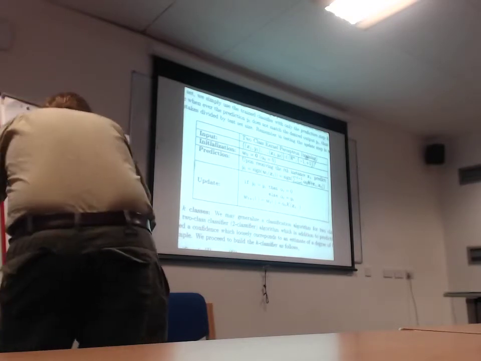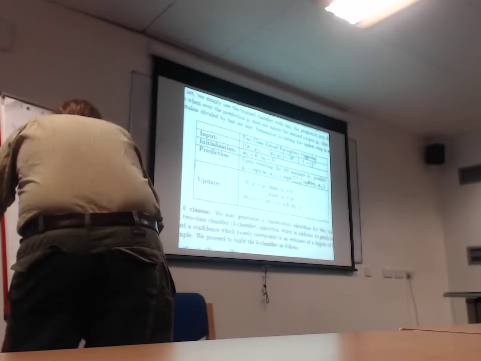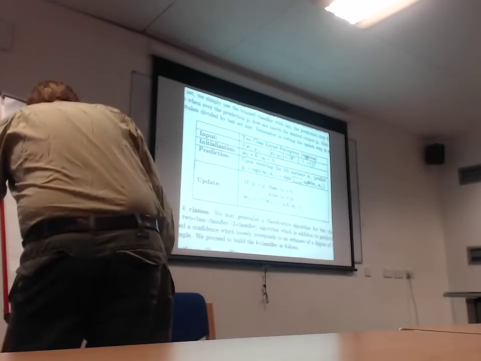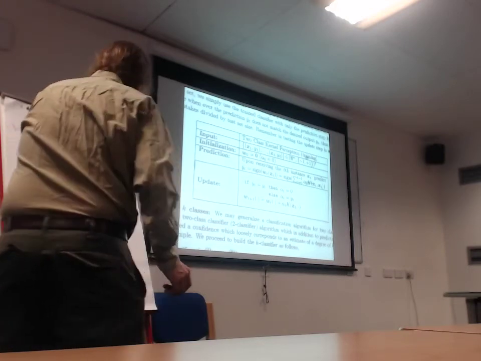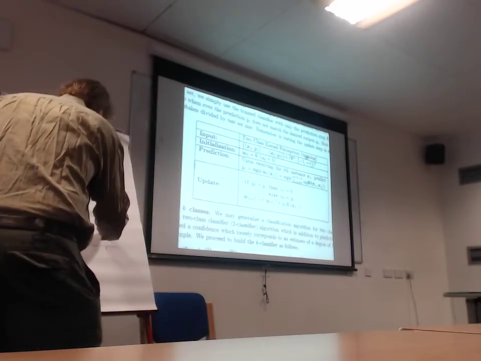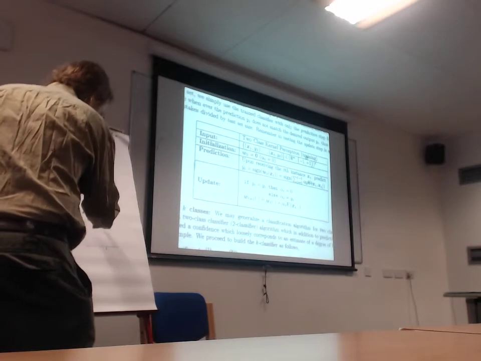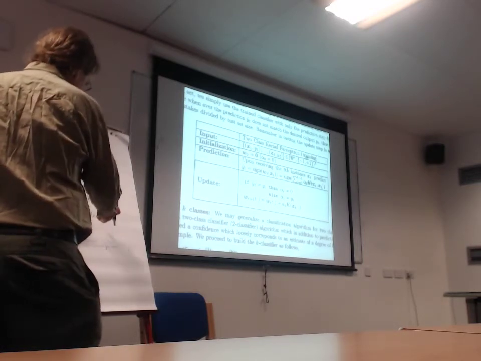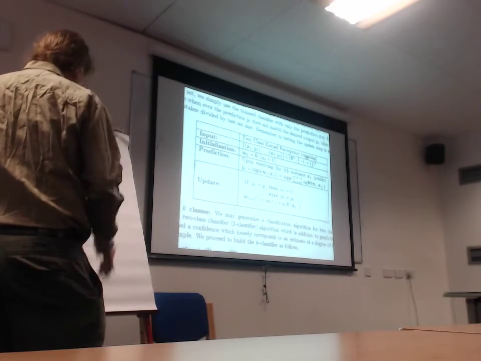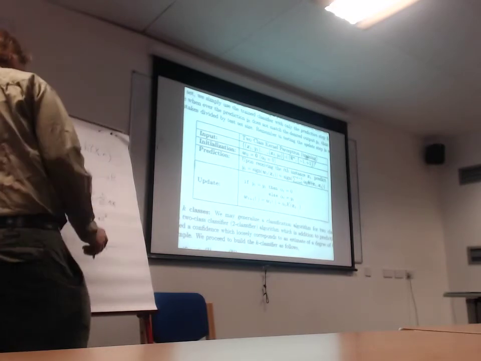Well, basically, here's my axis, here's 1. 1 is where the Gaussian takes its maximum value, because 1 minus 1 is 0, and so this becomes 1.